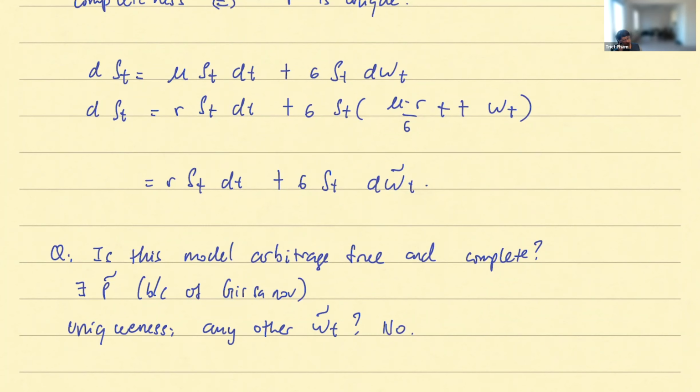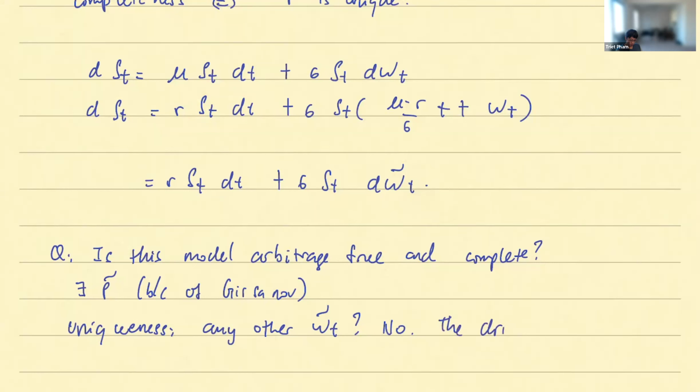And again, it might seem strange if you just see this, but you've seen this week's homework and you know what happens. It will be clearer when you look at more assets. If you look at one asset, it's kind of too reductive. But okay, we'll look at the multi-asset model example right after this. But you just look at this, and there's no other way you could define the W tilde T, because this is forced. The R S_t dt is forced.